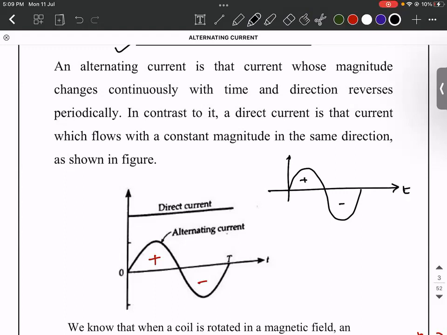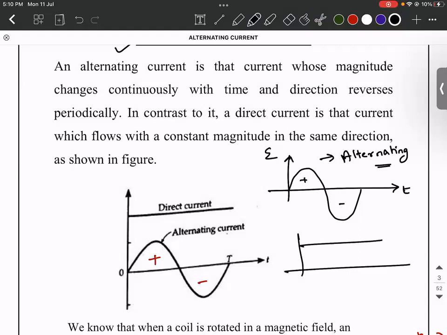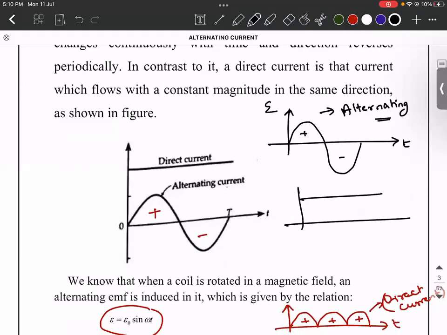You can call it alternating. And why did you call it alternating? Because you're able to see the magnitude and the direction periodically changing with respect to time. Whereas if I take a current like this, then you call it a direct current because its magnitude and direction are constant.